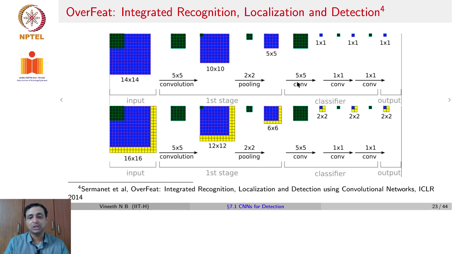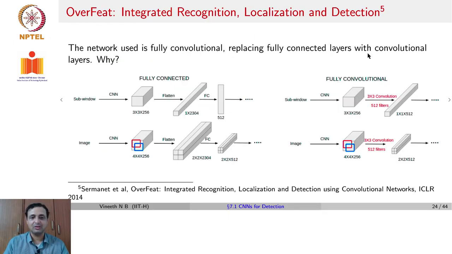A 5 cross 5 convolution makes it 1 cross 1. And now using multiple 1 cross 1 convolutions, you can get an output directly without having to perform any fully connected layer operations. So this idea of OverFeat made computations significantly faster.